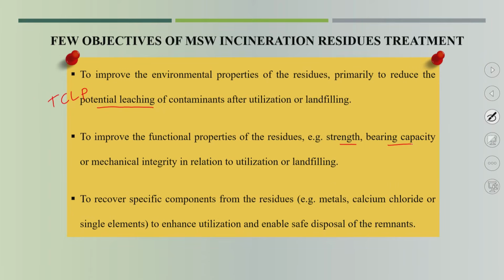And to recover specific components from the residues, like metals. You saw in the chemical composition that a very large concentration of metals is there. So, if we are able to separate those metals from these ashes, that will also be one of the benefits from the solid residue.